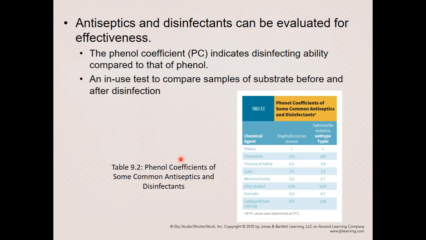One test that we typically use to evaluate disinfectants and antiseptics is the phenol coefficient test. So we compare things to a known phenol. An example of a phenol is Lysol. Lysol is a phenol.